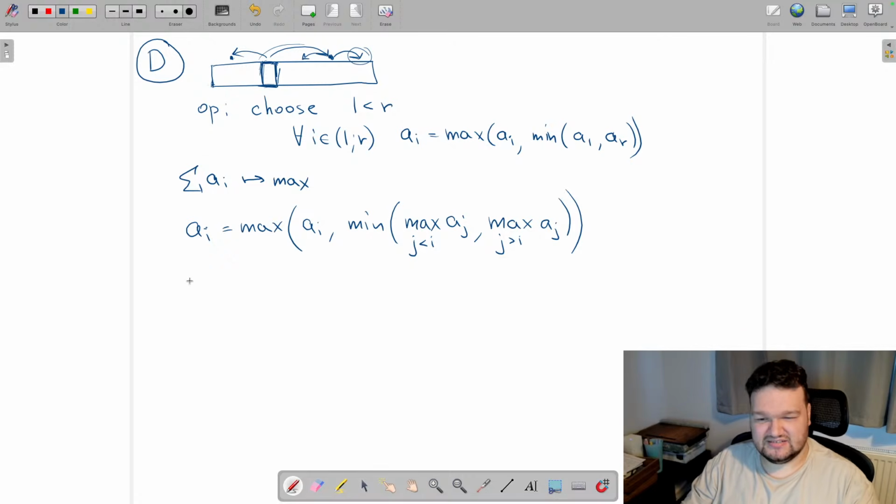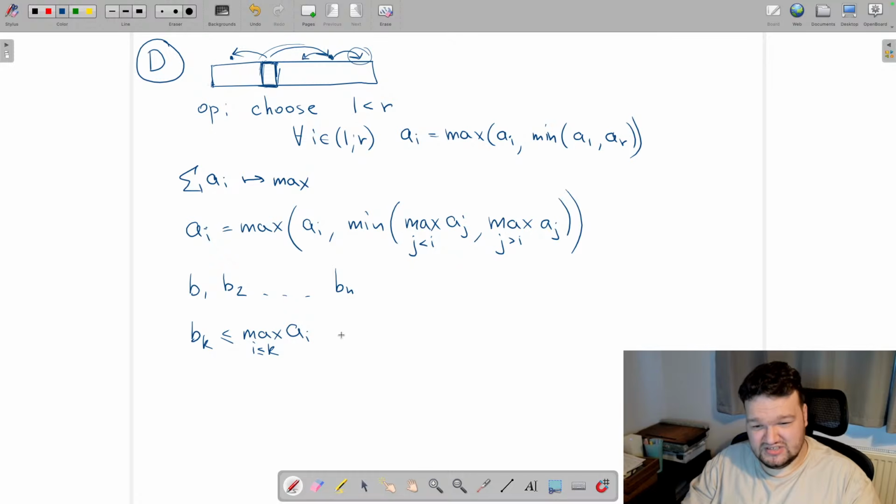Let's say that b_1, b_2, and so on, b_n is an array at any moment, and I want to prove that b_k is not greater than the maximum of a_i for all the numbers on the left, including ours.